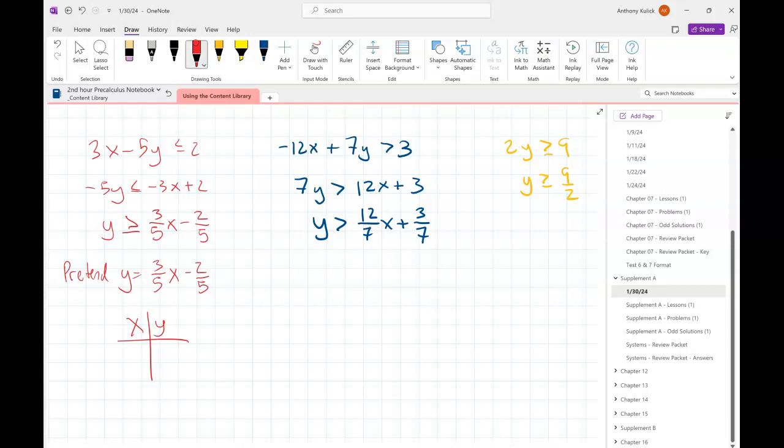So I don't know, I guess we'll be dumb and we'll do 0 and -2/5. And then I'll just do 5 or something. So that'll be 15 minus 2, so 13/5.